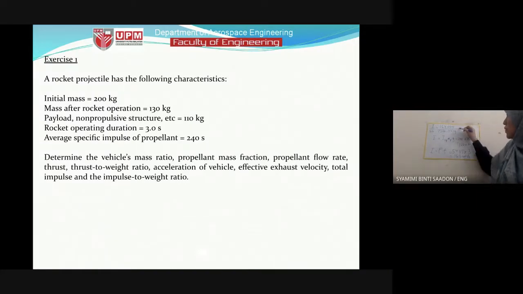So this one you have 185.75 seconds. Okay, so that's it for exercise 1.